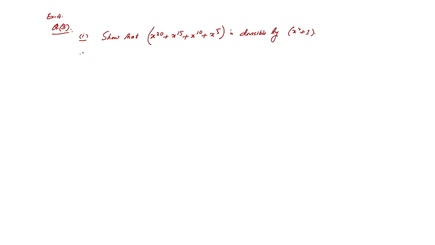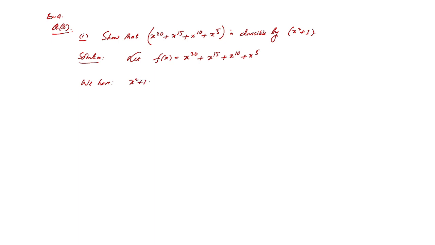So how to solve this kind of problem? Here, what is the polynomial? The polynomial f(x) is x to the power 20 plus x to the power 15 plus x to the power 10 plus x to the power 5. And you need to show it is divisible by x square plus 1.